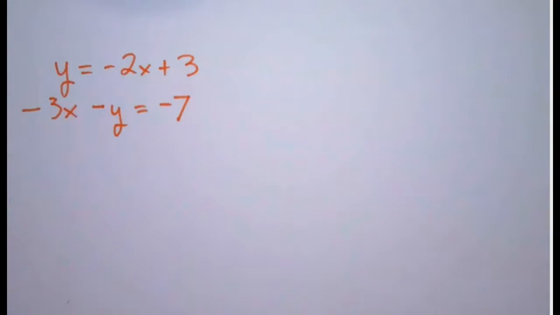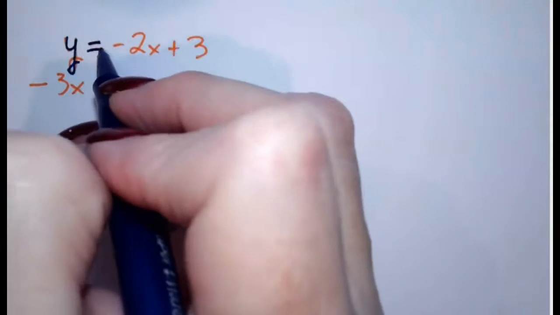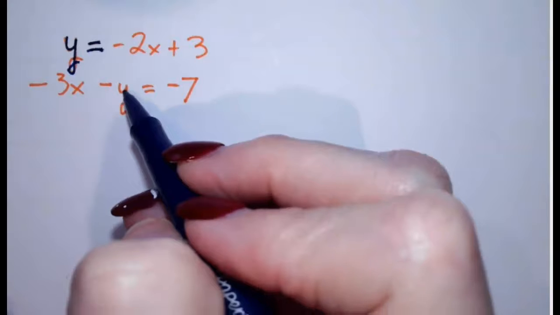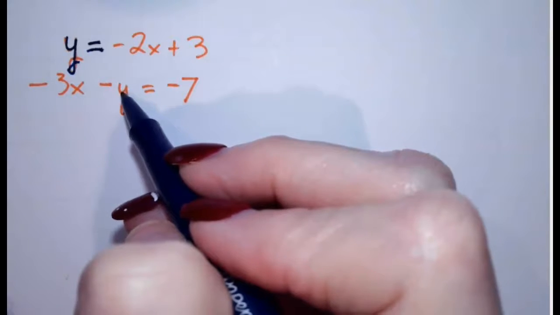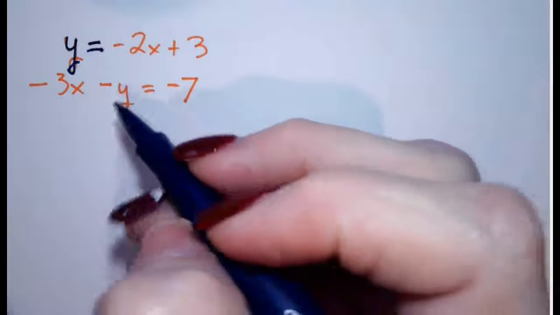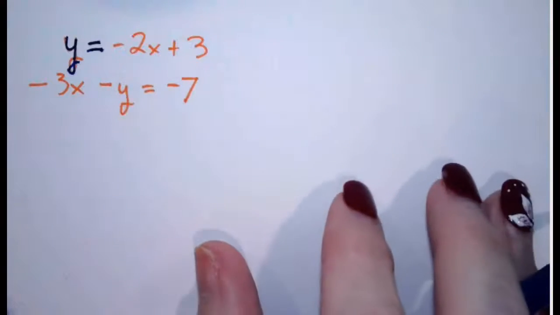So again, this one is already set up as a y equals right here. So the most efficient way would be to put it right here where y is. Now, as you're looking at this, what you might want to do is think about there's a 1 sitting right here, and we're going to see it in just a minute.